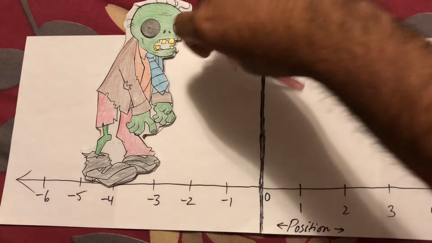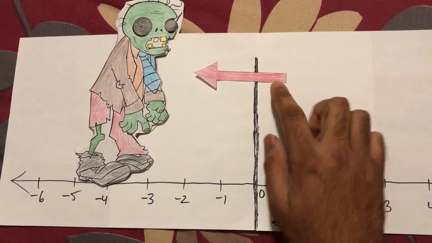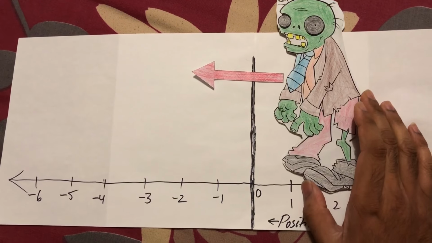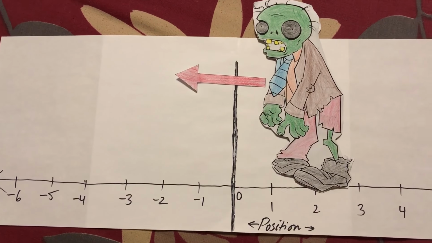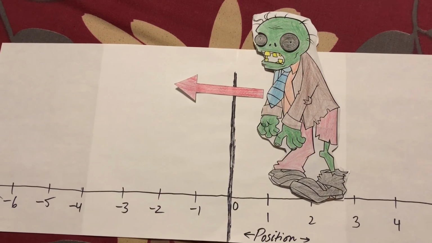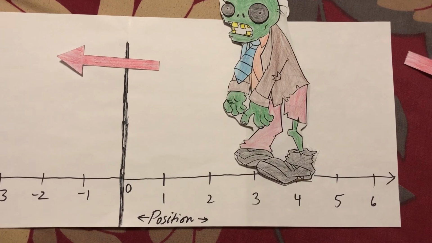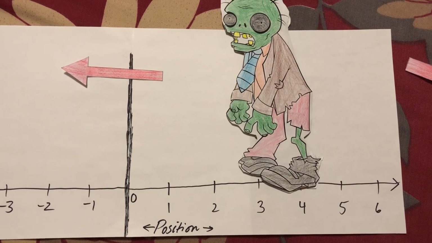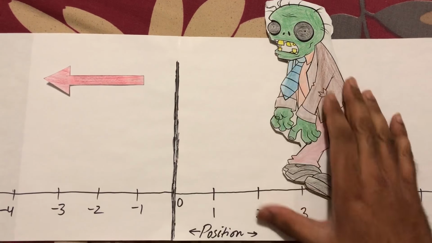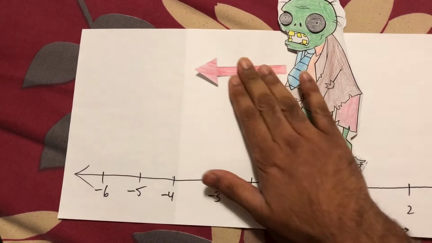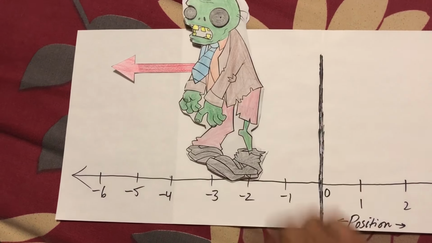Velocity being negative then means that you are pointing to the left and you're moving to the left. This can happen either when your position is positive, when your position is 0, or even when your position is negative.